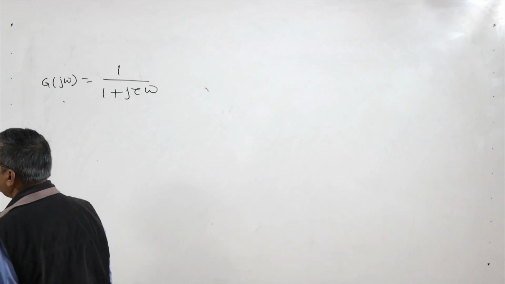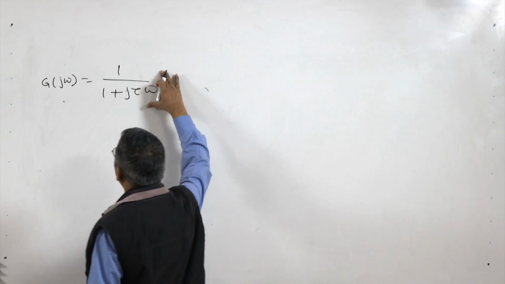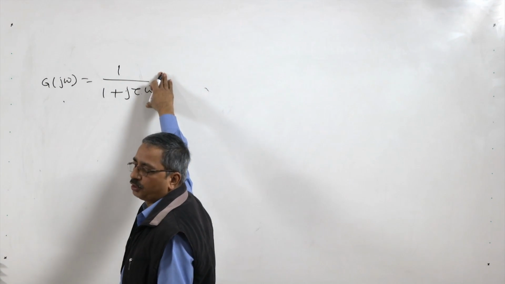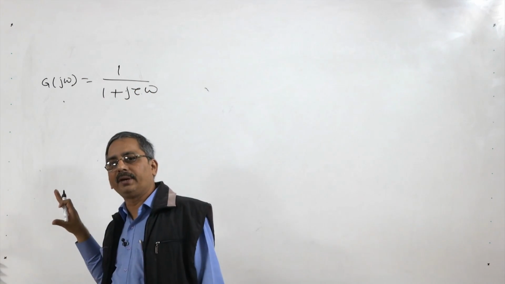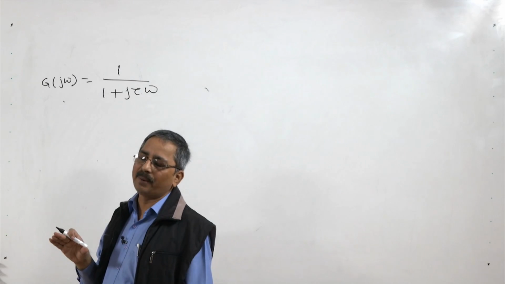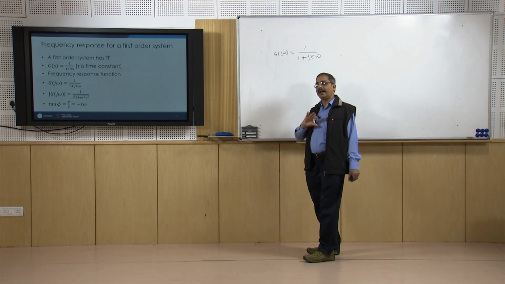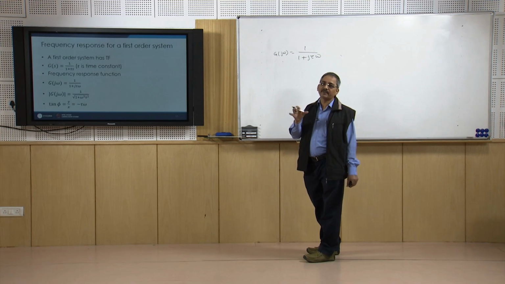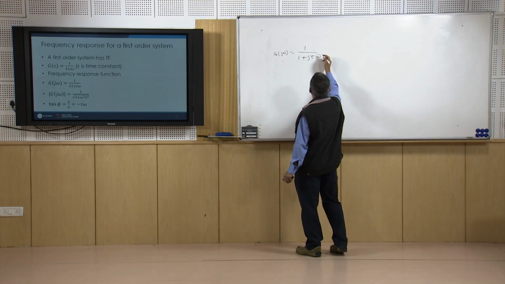So what we basically do is try to represent this in the form of a complex number. After representing it in the form of a complex number, we try to find out the x component and the y component, and once we have the x and y components, we can find out the magnitude as well as the phase angle. So this is what we are going to do.